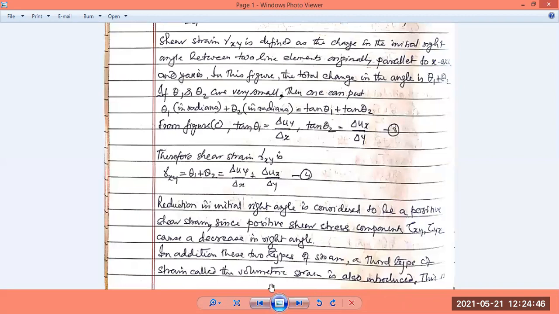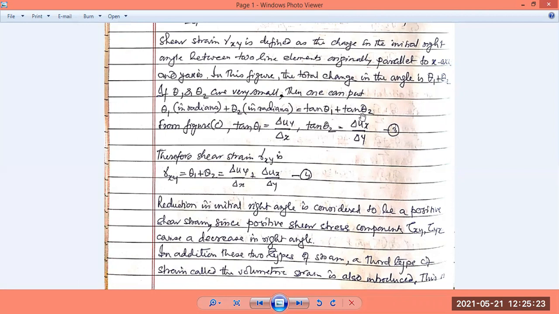So what is going on here? Theta 1 and theta 2, which are subtended, are extremely small. Then one can put theta 1 in radians, meaning theta 1 in degrees multiplied by pi by 180, where pi is 3.14, plus theta 2 in degrees multiplied by pi by 180, approximately equal to the value of tan theta 1 plus the value of tan theta 2, because both theta 1 and theta 2 are very small.